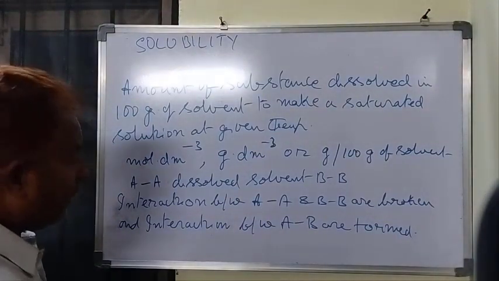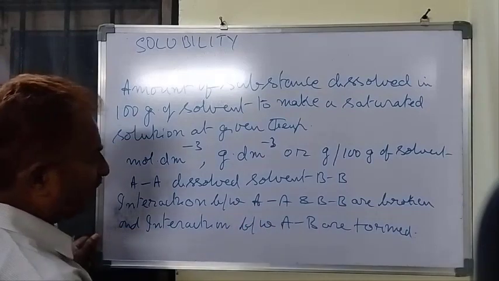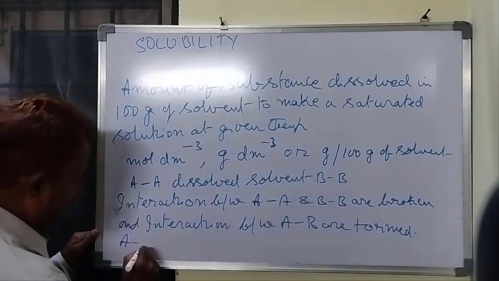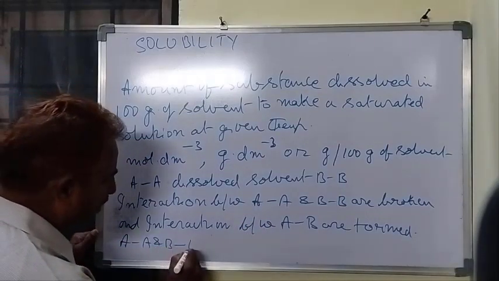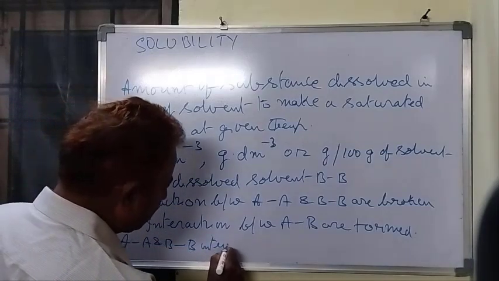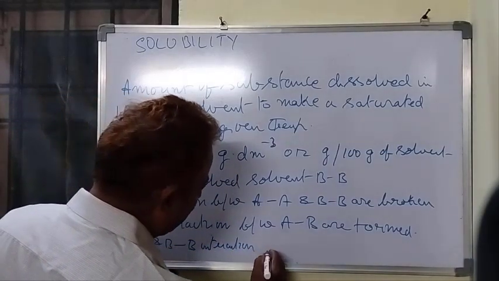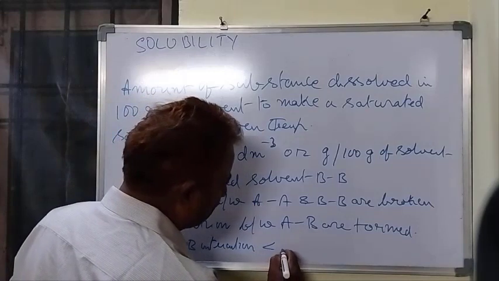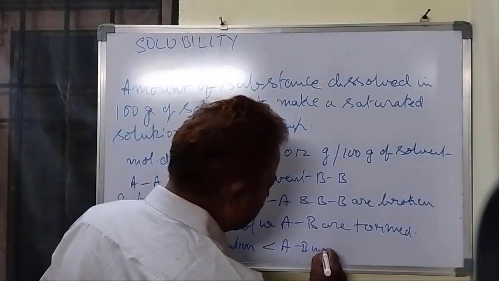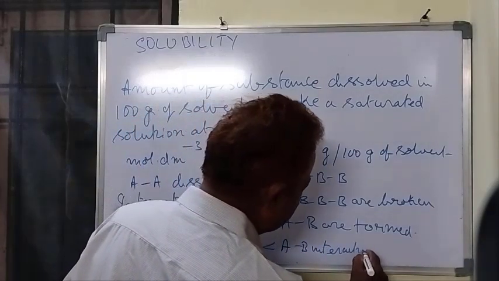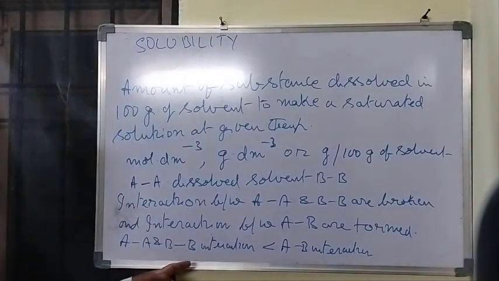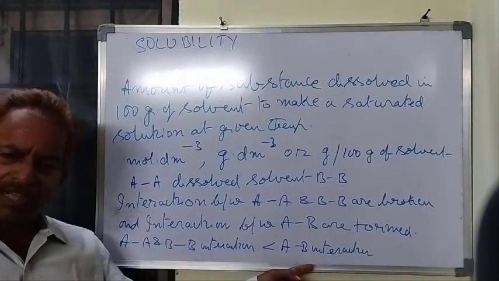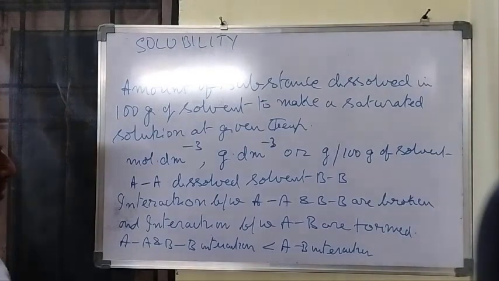Now, if the A-A and B-B interactions are less than the A-B interactions, then what happens?